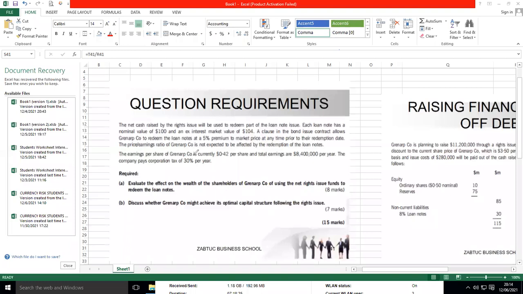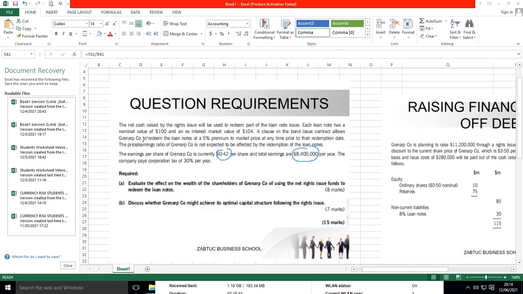Have you seen this information? They are saying that the earnings per share currently, total earnings currently, that's where we are. And then they're giving you another clue.